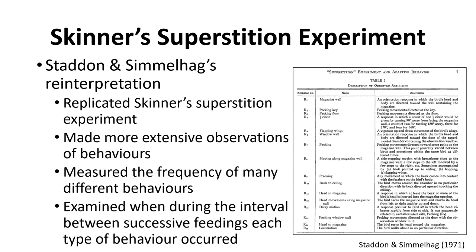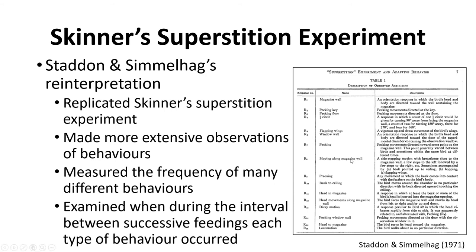They wanted to be more precise with their observations. They wanted to measure the frequency of many, many more different behaviors. And they wanted specifically to look at when during the interval between successive feedings each type of behavior occurred. Basically, they wanted to turn it into a proper experiment instead of just the observation and kind of anecdotal report that Skinner had originally proposed.